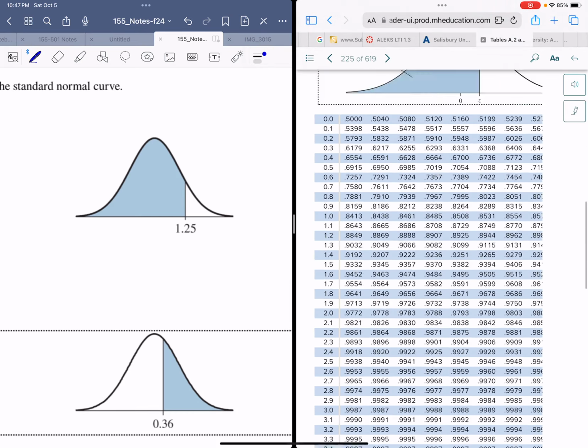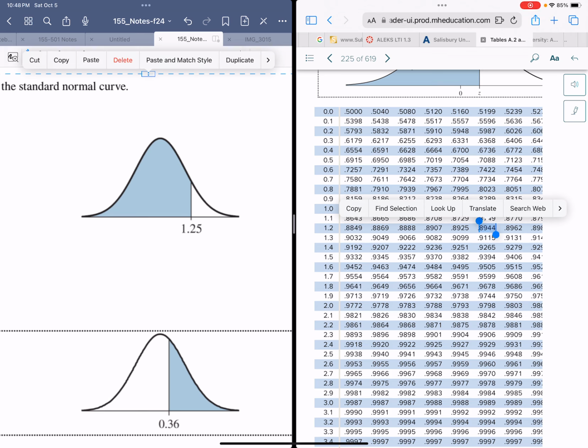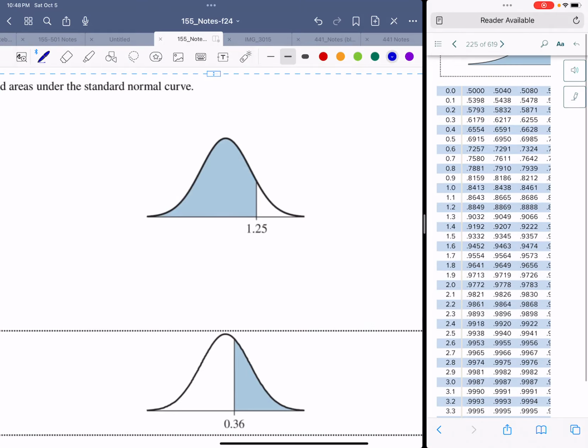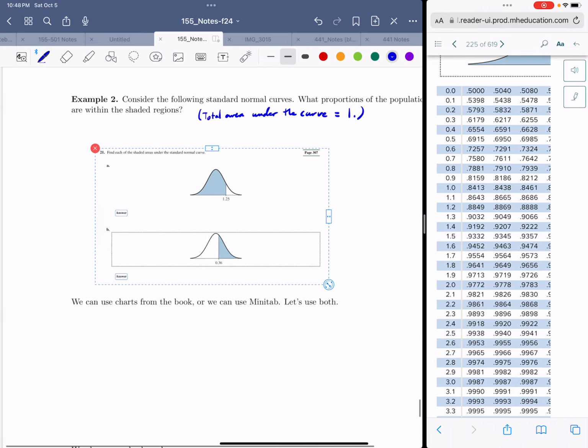So let's see where we are. 1.2, right here. Okay. So let's see. 0, 1, 2, 3, 4, 5. 1.25, right there. Okay? So just using the table, let me just move it over here and zoom out. There we go.